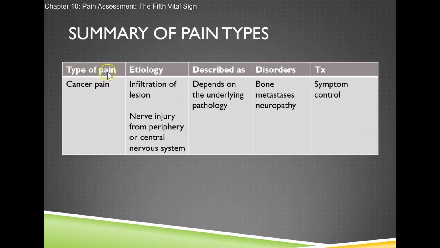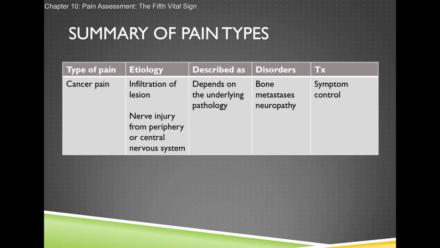Okay. Then there's one more type of pain that we didn't mention, and that's cancer pain. That's when you have infiltration of the lesion. You have nerve injury from the periphery or central nervous system, so it could be either one. It depends on whatever the underlying pathology is, so it depends on where you have that cancer.